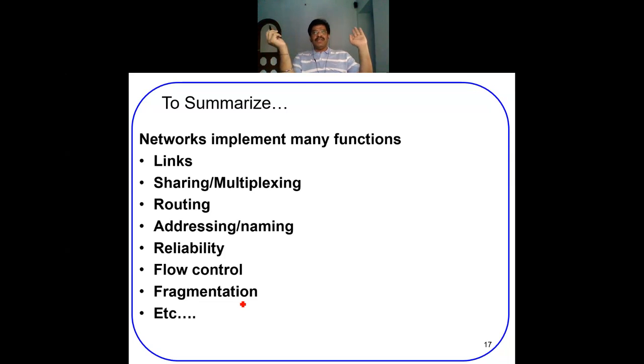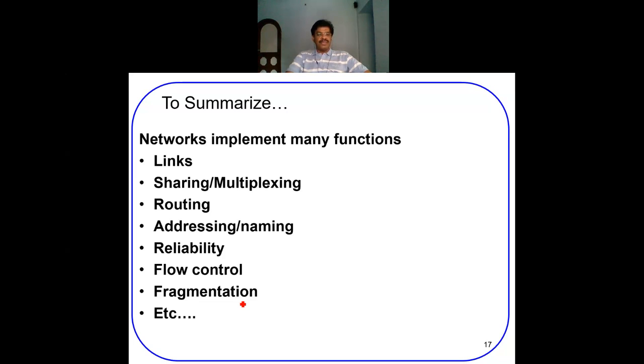If similar data is requested, then providing a specified route to the packets in the data network, then providing the addressing scheme or naming nomenclature in the data network, then reliability of propagation of the packets, then providing proper flow control for the data to be propagated in the communication media, and the proper fragmentation of the data.